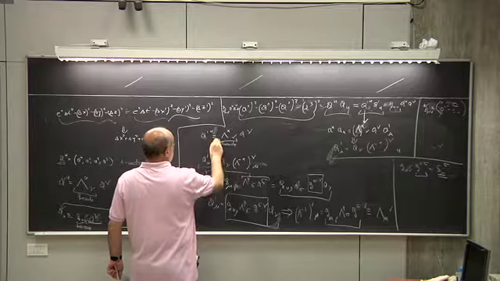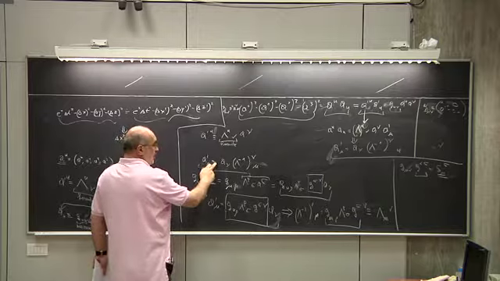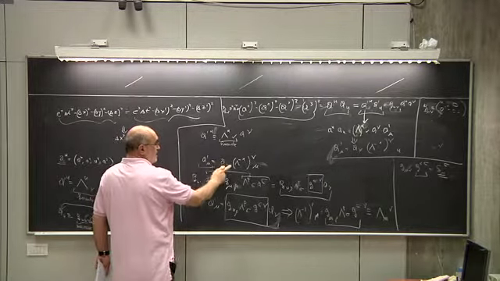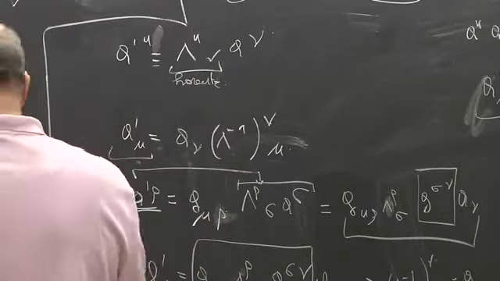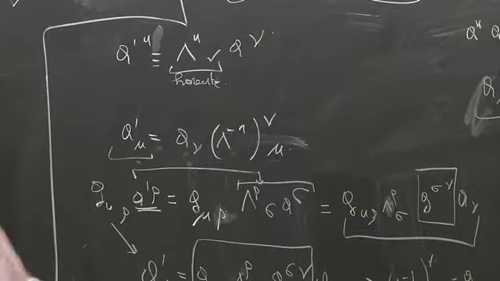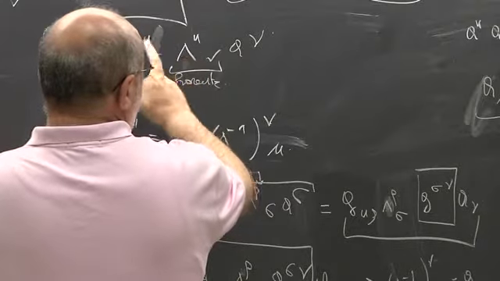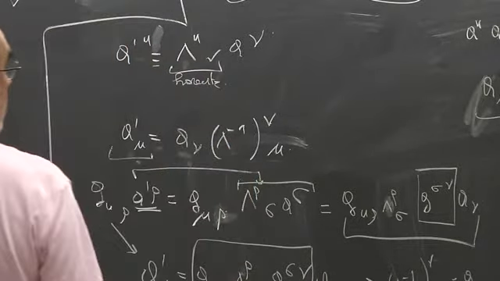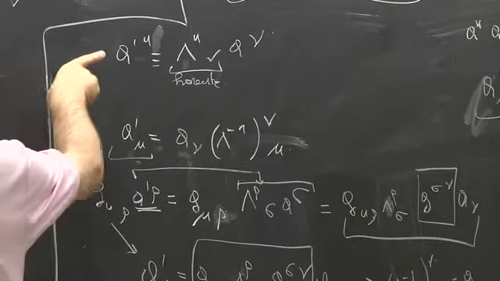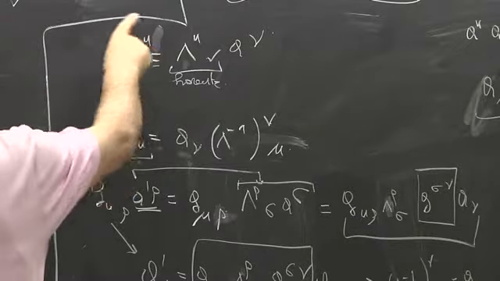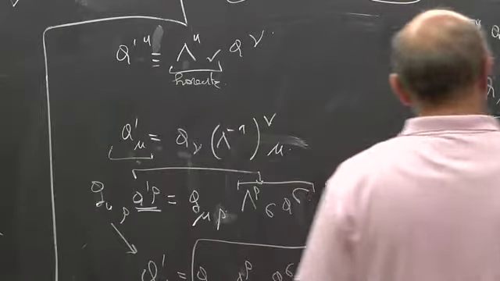And the result we got, I won't go through the steps again, is that the covariant component of a vector, the one with the index down, transforms in a manner that is the inverse of the one with which the contravariant one transforms. And the proof is here, okay?